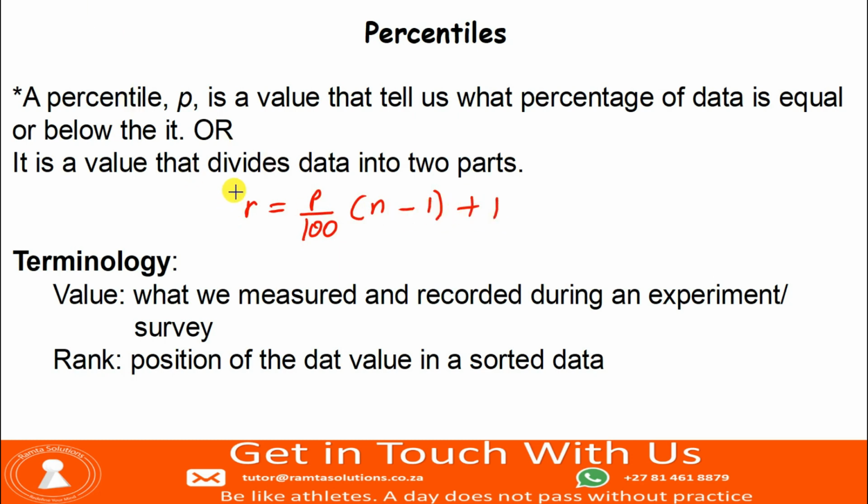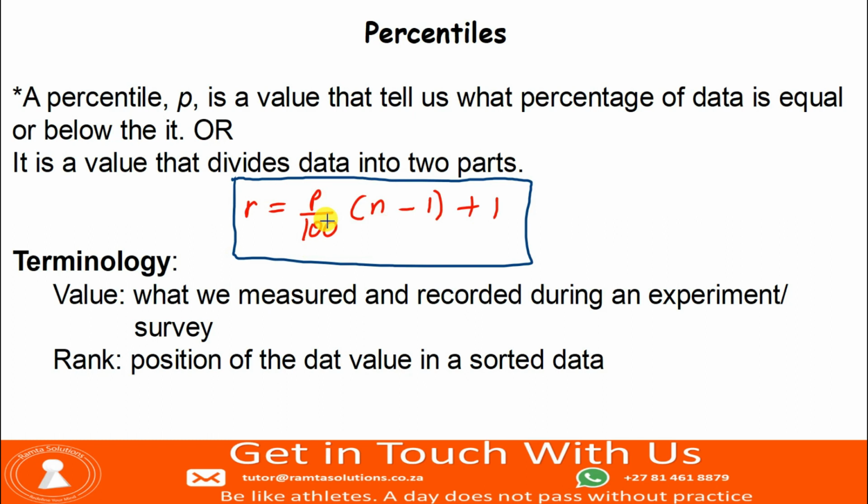This is the formula we use to find the location or the position of the percentile that we are looking for. Here n is the number of values you have in your data, while P is your percentile, which is the percentage you're looking at. You're going to understand this formula shortly.